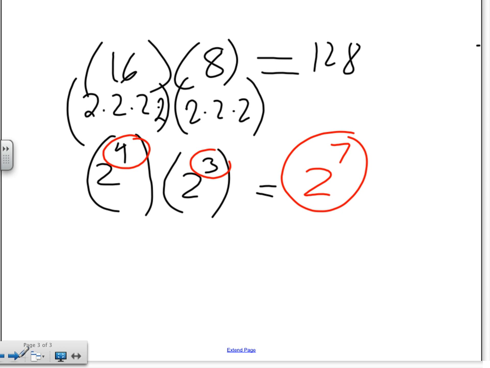Okay, let's try another one. Okay, I can certainly do something like that, but in your mind, let's translate this. How many 5 blocks do we have here? 6 of them. And on the other one, how many 5 blocks? 5 of them.